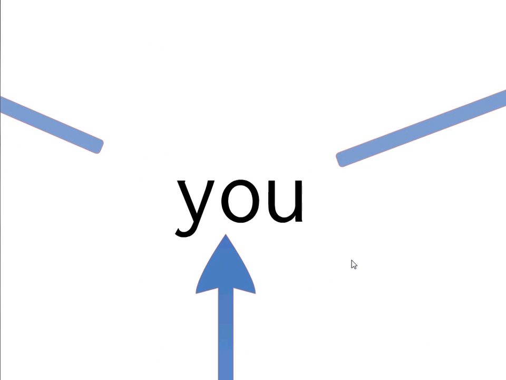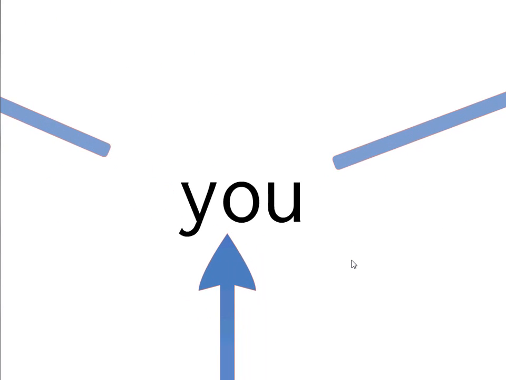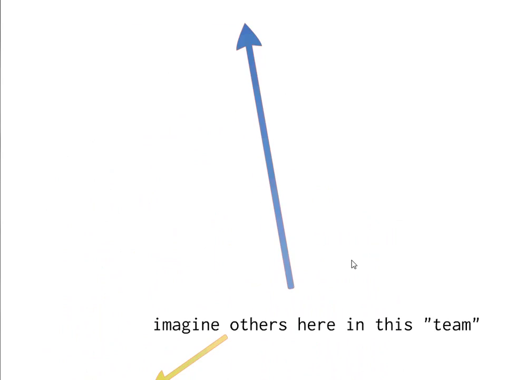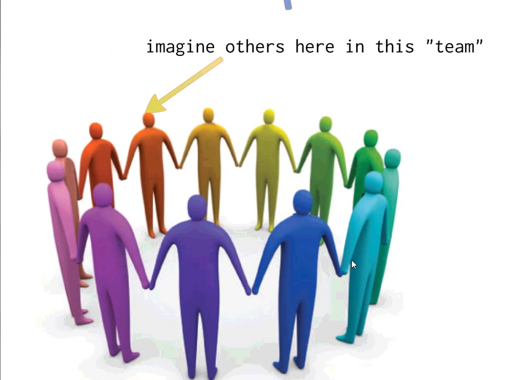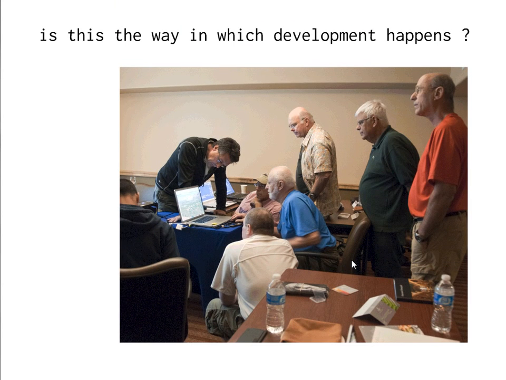So we came to a conclusion that we are working alone and we need something to manage our source code. Now come back to you, and this time you are working in a team. There are many developers working on the same project, and you are one of the team members, or you might be the team leader or something like that.